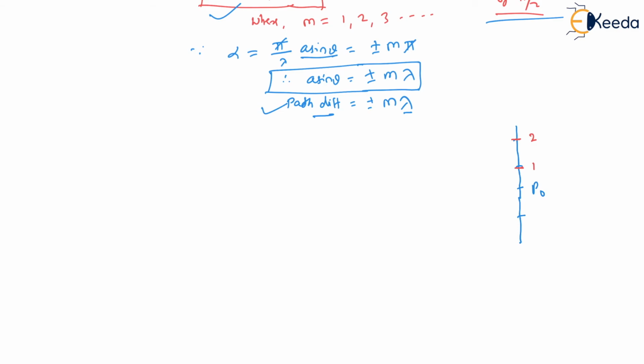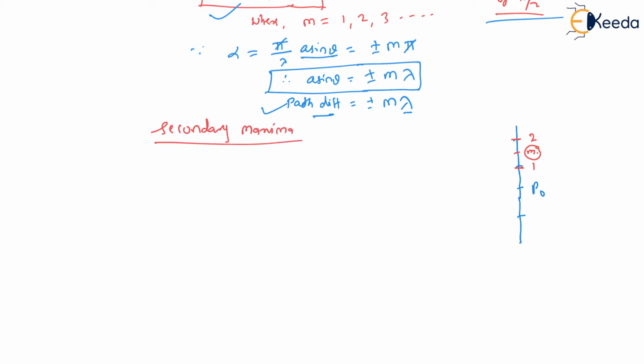In between these two successive minima we will get another maxima, a bright point. Now we will find the condition for these bright points. We call these bright points secondary maxima.